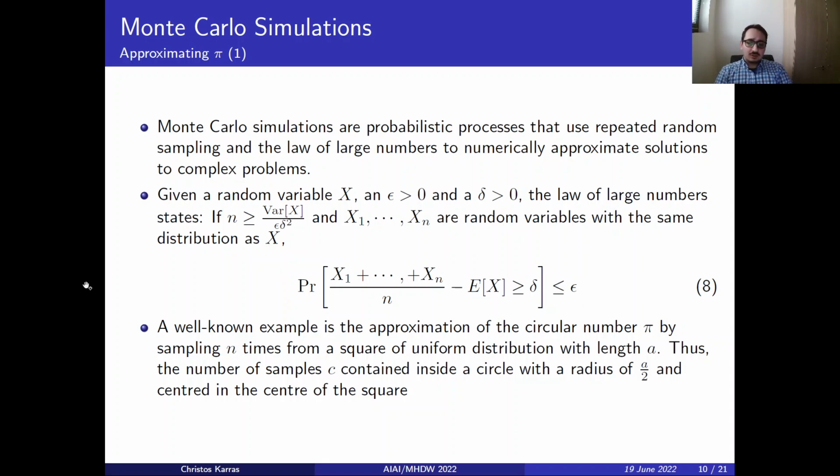A well-known example, as we said, is the approximation of the circular number pi by sampling n times from a square with a uniform distribution and a length A. The number of samples C are the samples that are drawn randomly and are contained within a circle with a radius of A divided by 2.